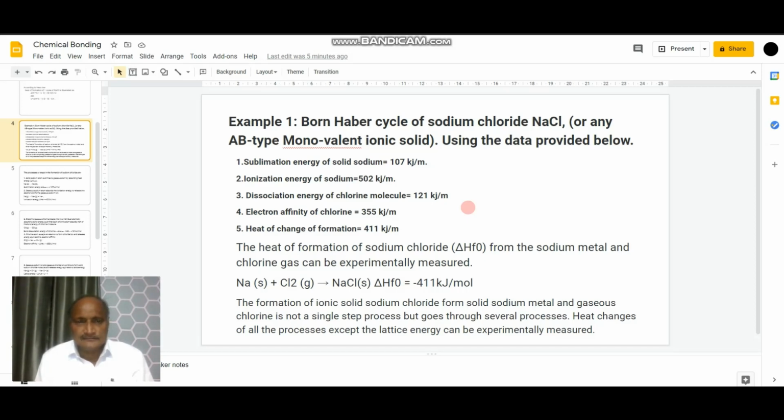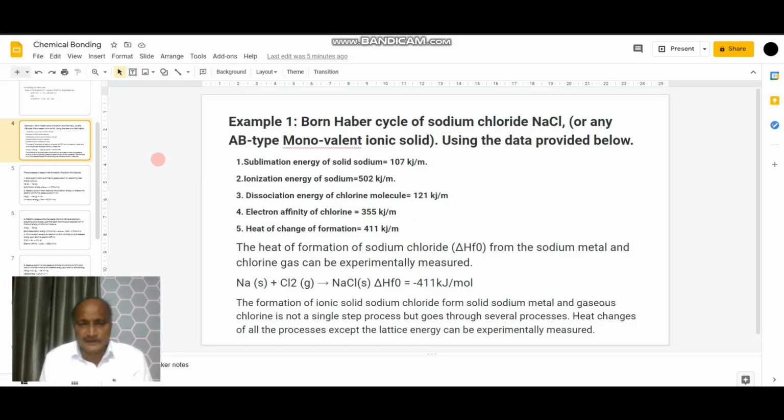According to the data, the heat of formation of sodium chloride, that is delta HF, from sodium metal and chlorine gas can be experimentally measured as: Na in the solid state plus chlorine in the gaseous state, giving rise to sodium chloride in the solid state.